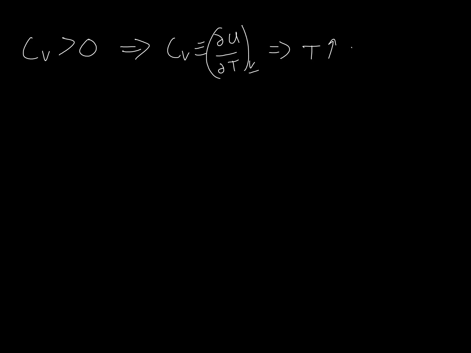One is that C sub v has to be greater than 0. You can never have a negative heat capacity. That as you put energy into the system, its temperature must rise.